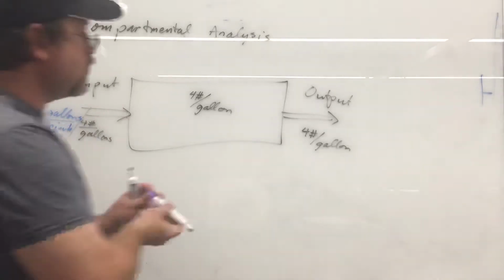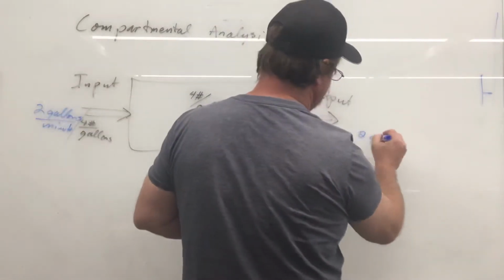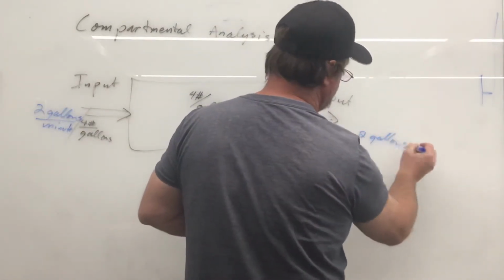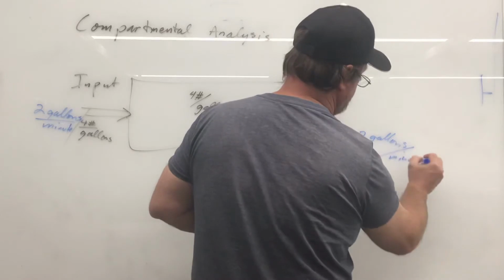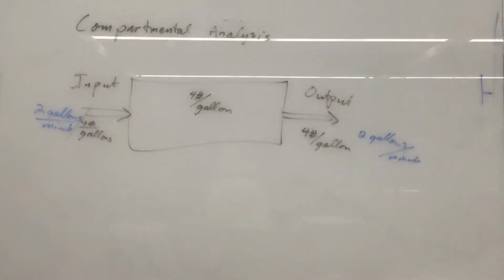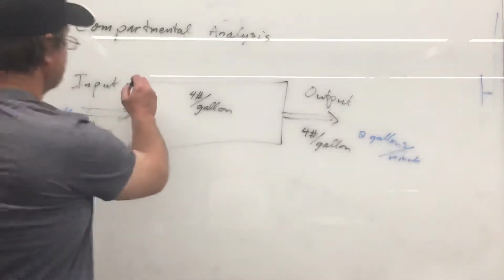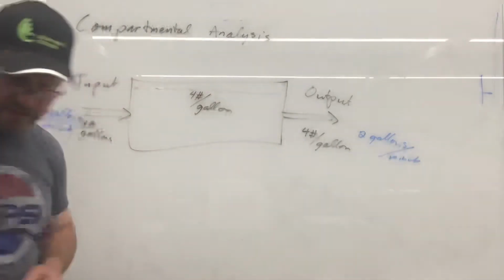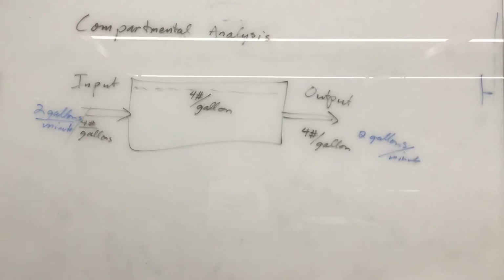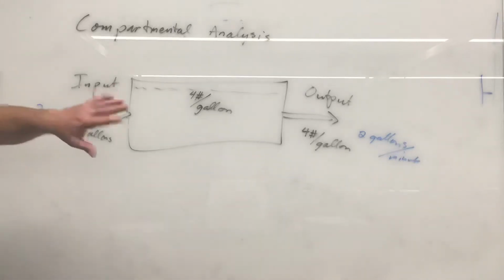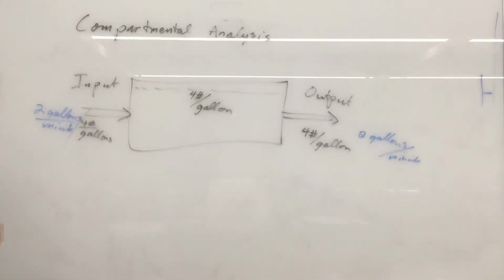As long as what I have over on this side is 2 gallons per minute also, then whatever flows in one side, I've got the same amount going out the other side. The level of water in the tank is going to stay the same because I've got the same amount pouring out as pouring in.